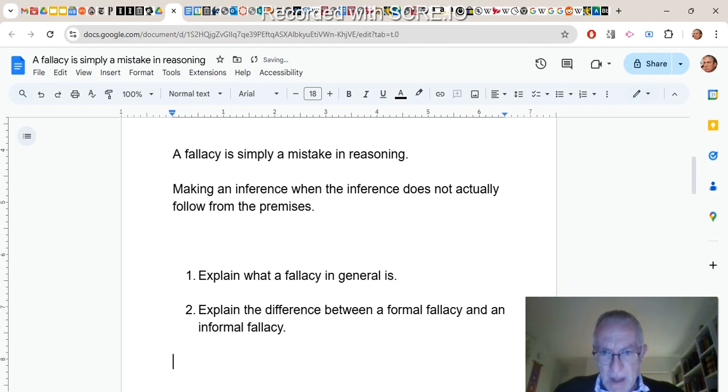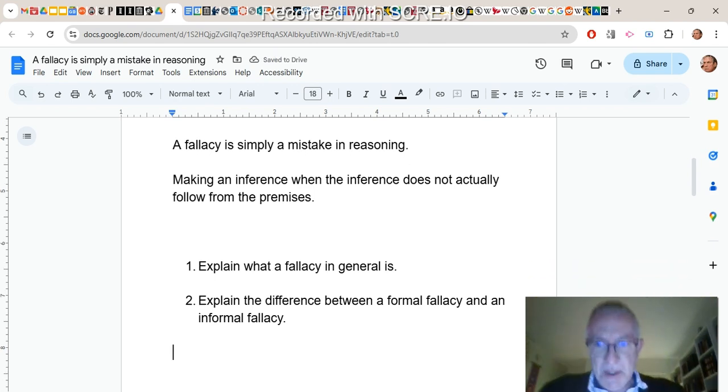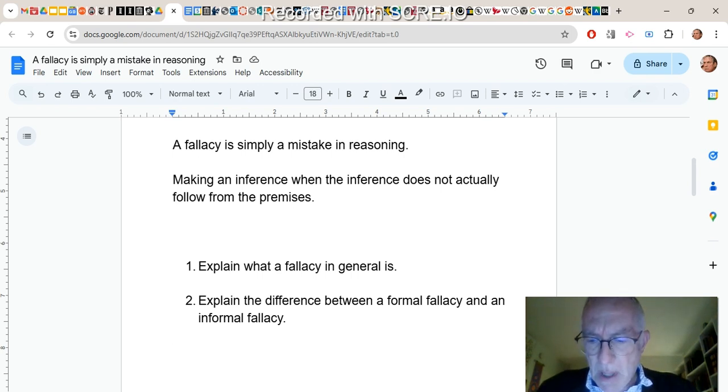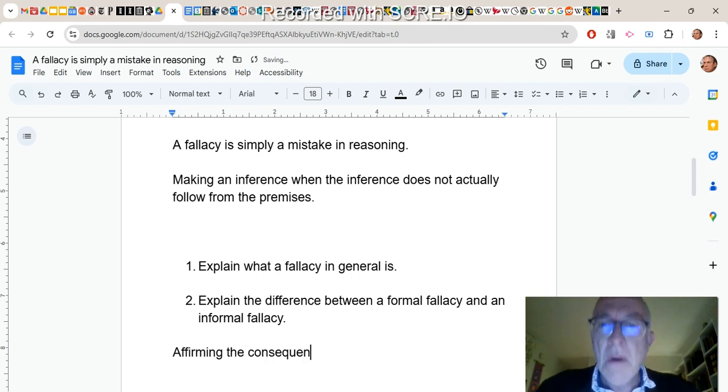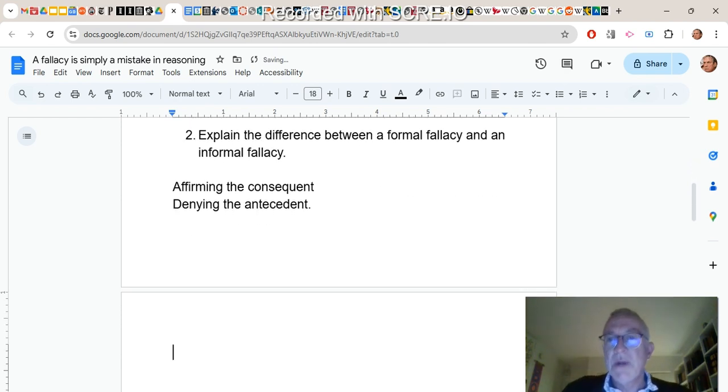And to that end, I think it would be good if you really know the difference between two formal fallacies: the difference between affirming the consequent and denying the antecedent. These are the two formal fallacies that we are introduced to. And of course, they both have to do with conditional statements, or premises that contain additional statements.